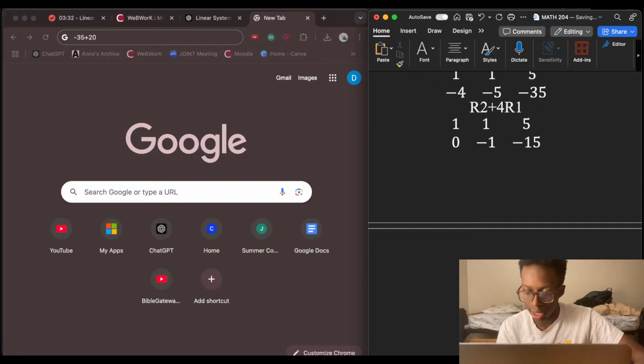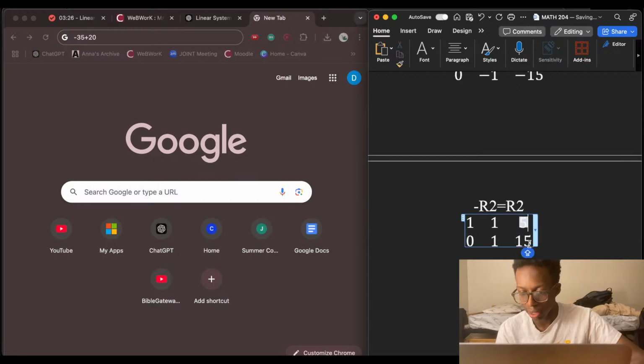So then this is 1, this is going to be 1, this is going to be 15, and then this is going to be 5. Then this is going to be weird, and there's going to be negatives here. So then row 1 equals row 1 minus row 2 equals row 2.